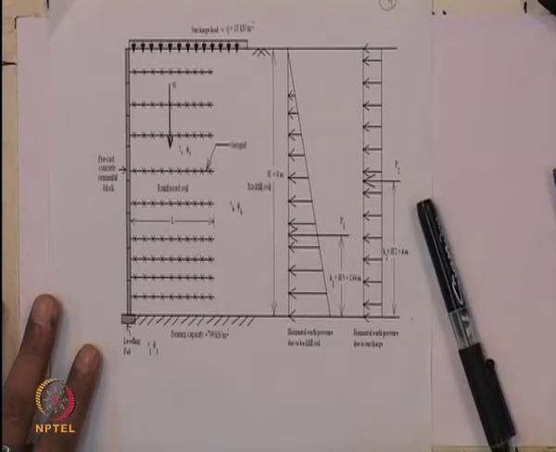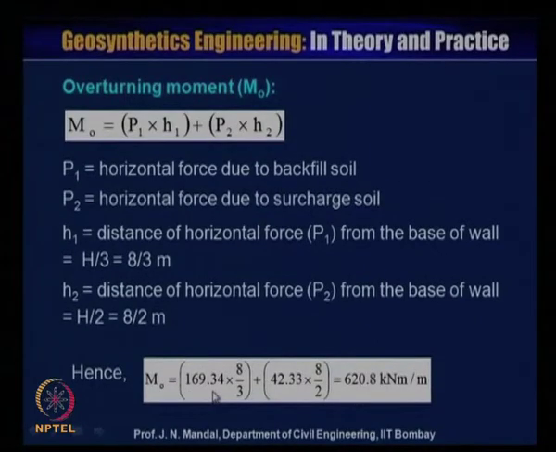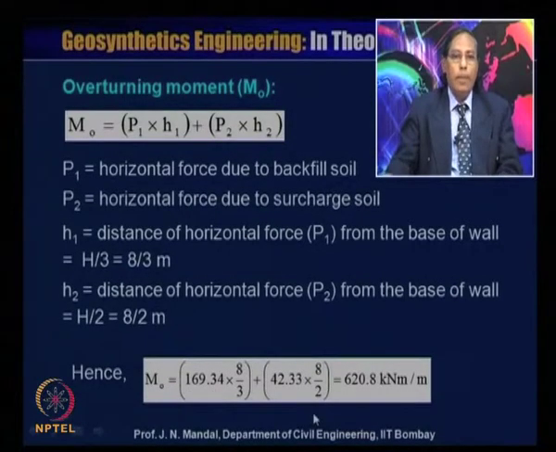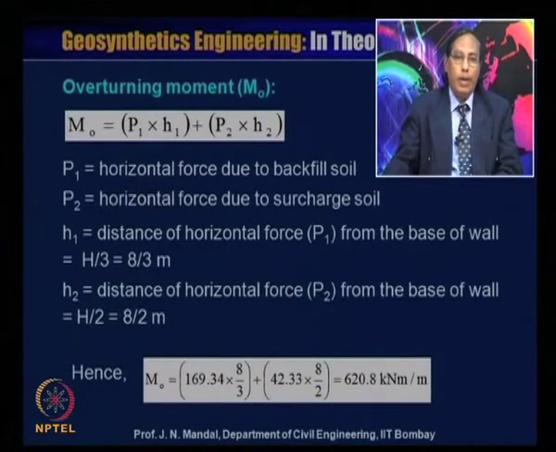Hence the overturning moment is P1 you calculated earlier, 169.34 into 8 by 3, plus 42.33 into 8 by 2, which gives the overturning moment equal to 620.8 kilonewton meter per meter.